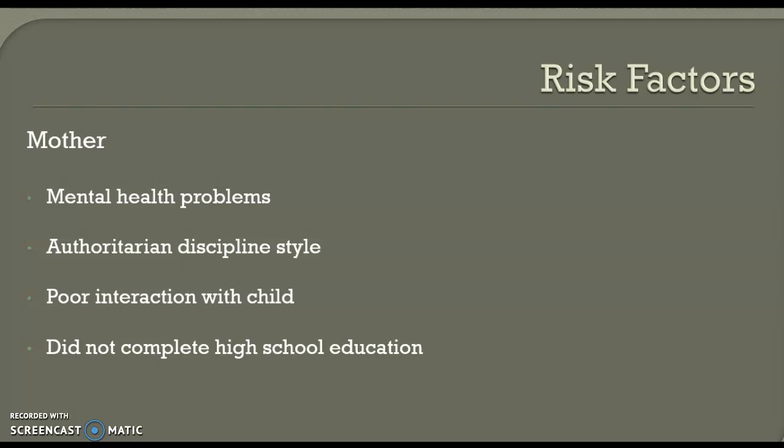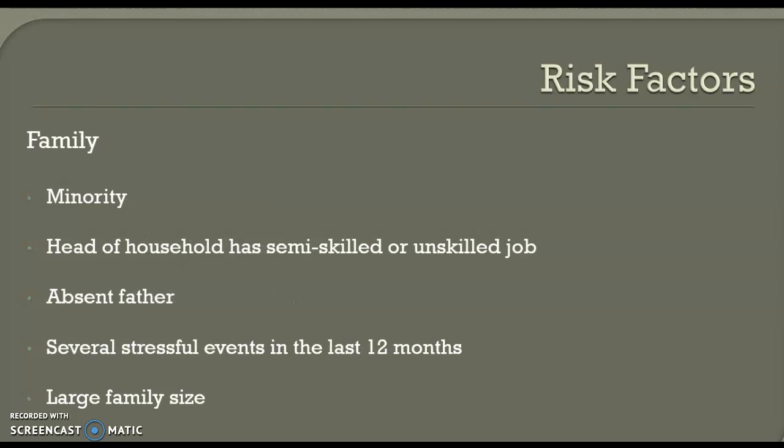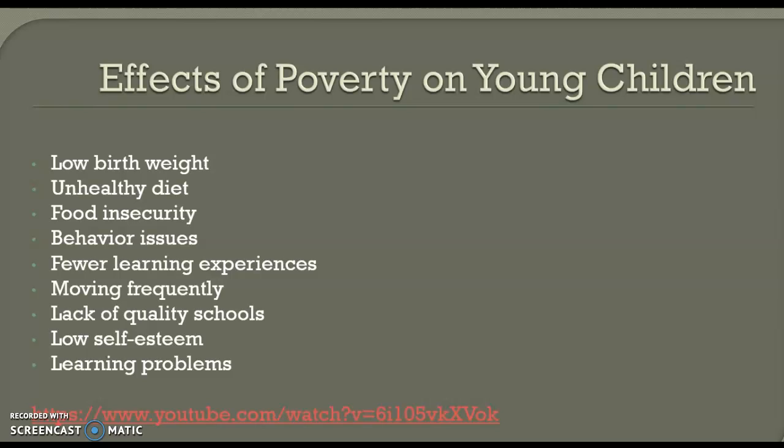Poor interaction with children, and probably didn't complete a high school education. In general, the family is likely to be a minority. Head of household has a semi-skilled or unskilled job, typically an absent father, several stressful events in the last 12 months, and a large family size.